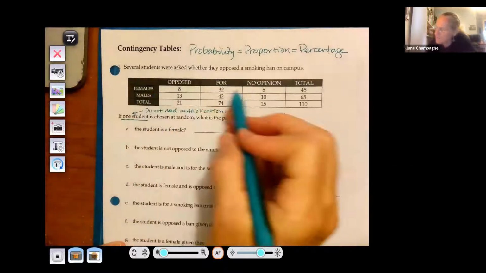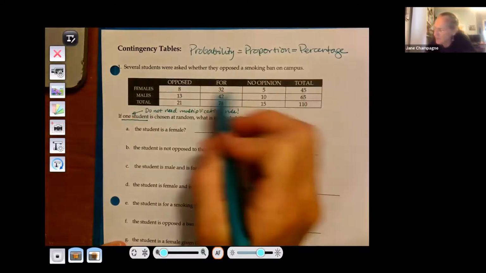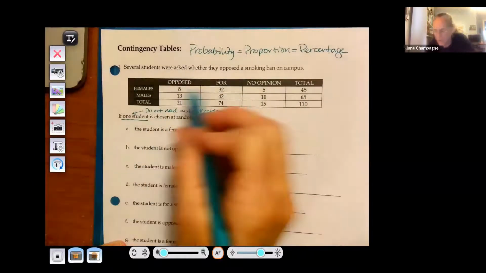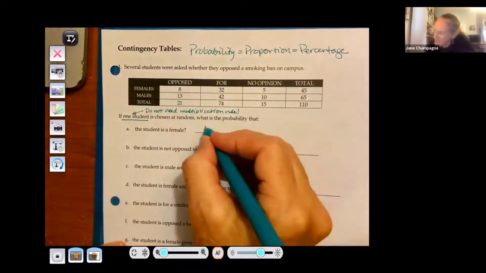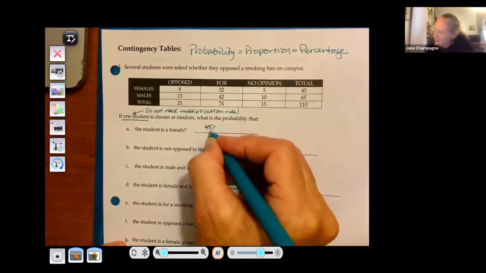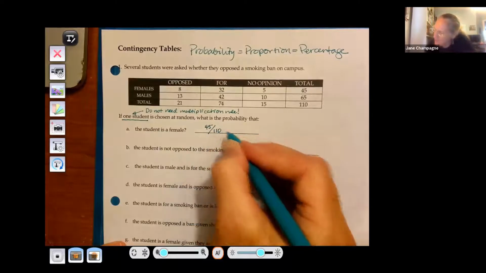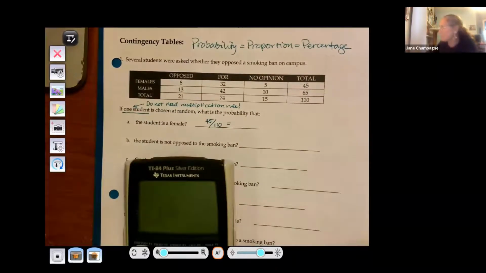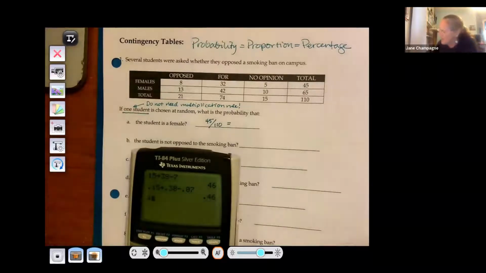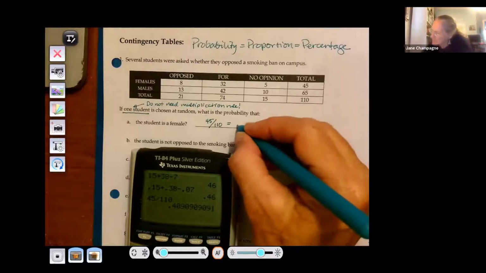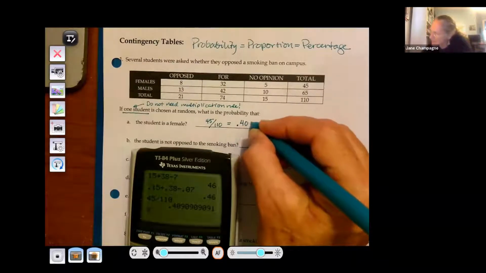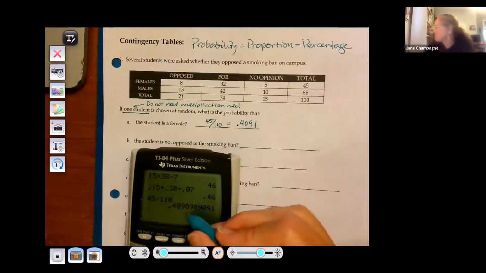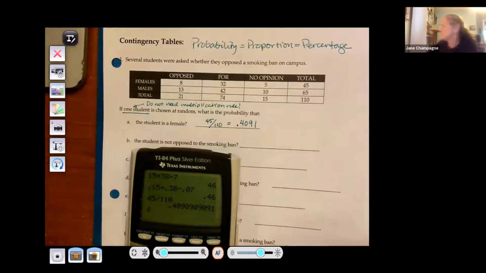There are 45 females. We don't care for this question whether they were opposed or not. We just want to know how many females there were out of the total to get that probability or proportion. 45 divided by 110. 0.4091. That rounds up to a 1 there.